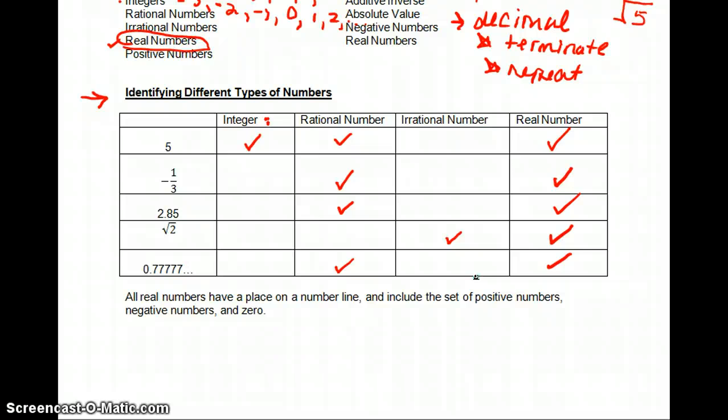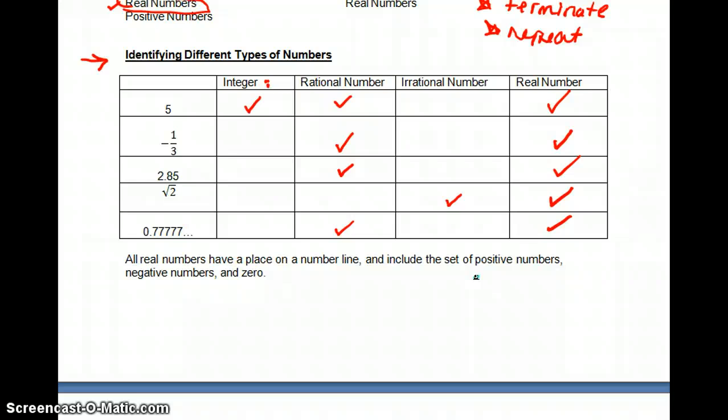Now, I do want to point out to you that all real numbers have a place on a number line, and they do include the set of positive numbers, negative numbers, and zero.